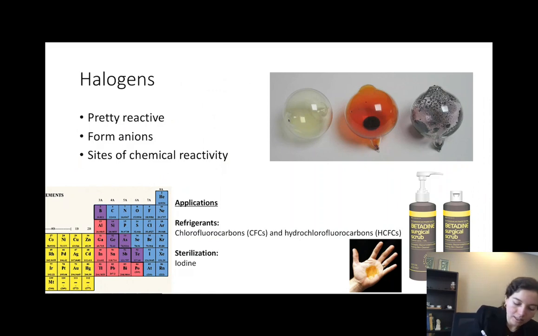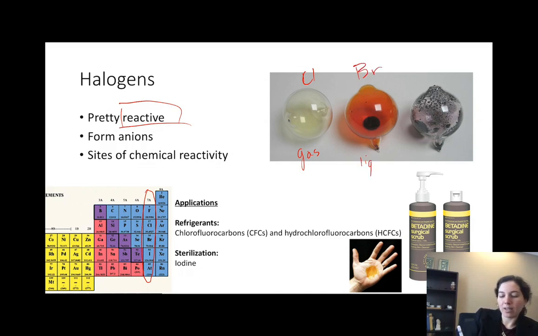Halogens, that's this group here. So this is our group 7A, and these are reactive gases. These are quite reactive, well, not necessarily all gases. This is our chlorine here, and it's a gas at room temperature. This is bromine here, the next one down, and it's a liquid / gas at room temperature.